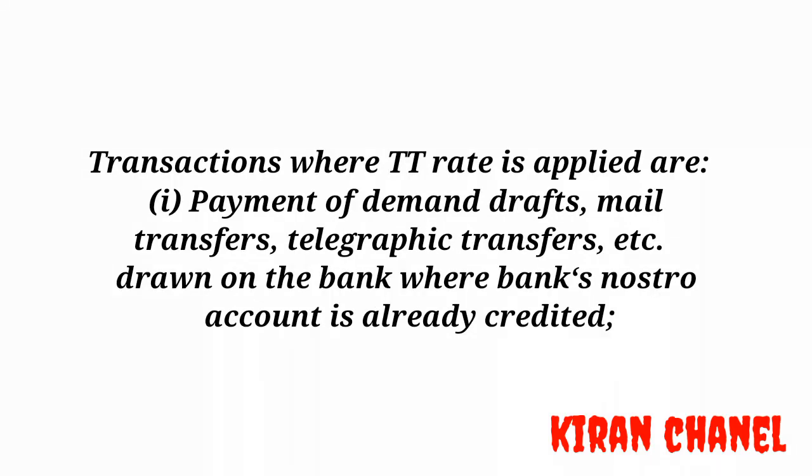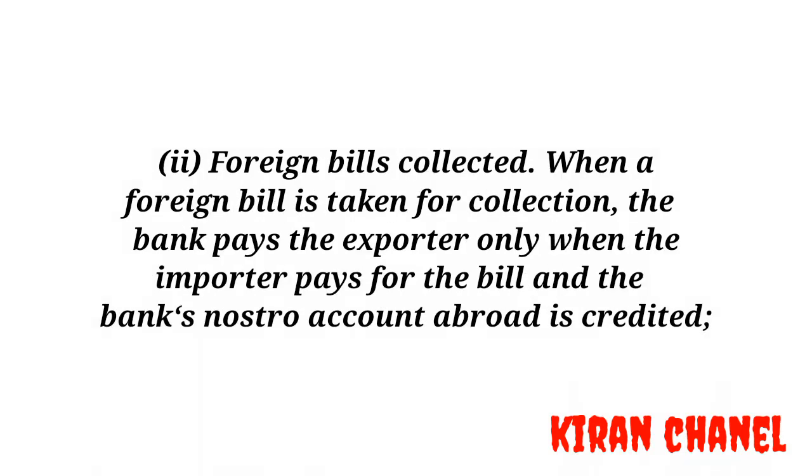Transactions where the TT rate is applied are payment of demand drafts, mail transfers, and telegraphic transfers, each drawn on the bank where the bank's nostro account is already credited. Foreign bills collected: when a foreign bill is taken for collection, the bank pays the exporter only when the importer pays for the bill and the bank's nostro account abroad is credited.